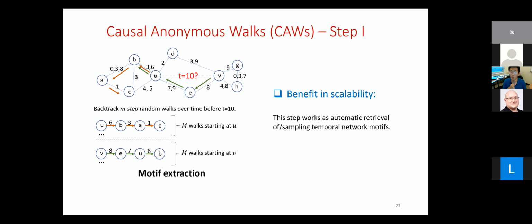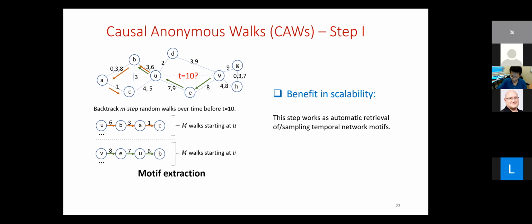The reason is that we work on temporal networks, and the way we extract these random walks is to backtrack over time. It must satisfy some logic here, and this is why we call it causal anonymous walk. But indeed, we do not incorporate any further causality information.